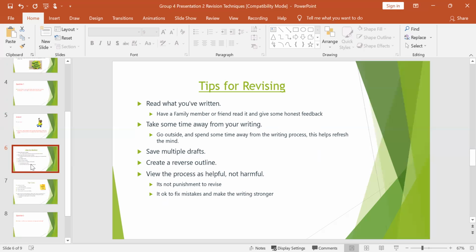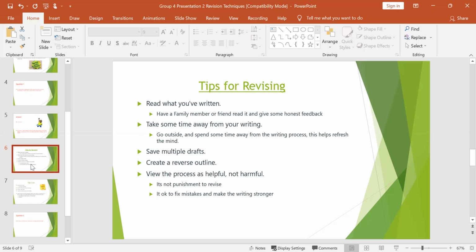It's not always fun, but you want that honest feedback and you want to know if they understand what you're trying to portray. Take some time away from writing. I know I get caught up in trying to finish my essay as fast as I can, so spending some time away helps you gather your thoughts and refocus your concentration on what you need to get done.